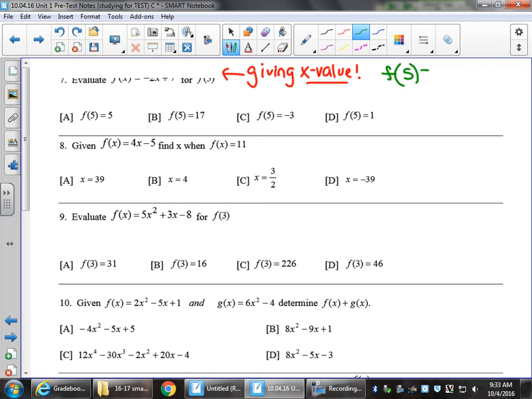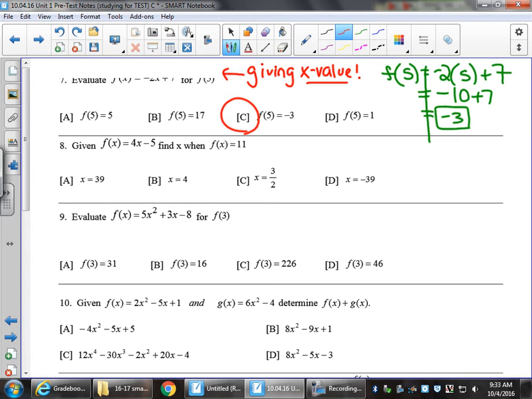F of 5 equals -2. Tell me what to write. How do I show substituting this in for x? Shamar? Parenthesis, 5 plus 7. Careful. Now this becomes -10 plus 7. What's -10 plus 7? -3. C is my answer.